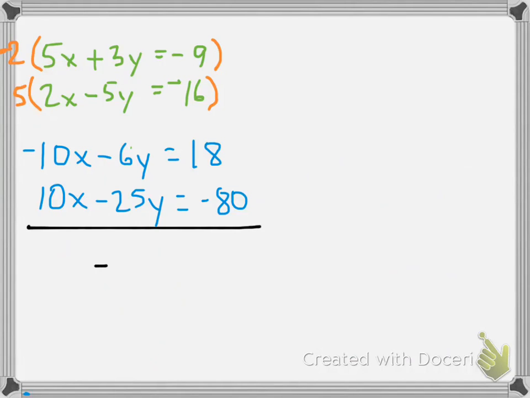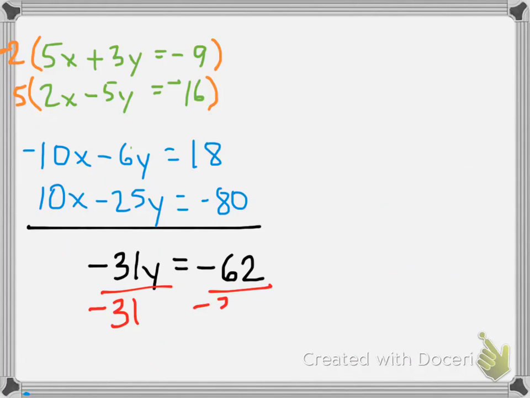I end up with negative 31y is equal to negative 62. Then I divide by negative 31, and I end up with y is equal to positive 2.